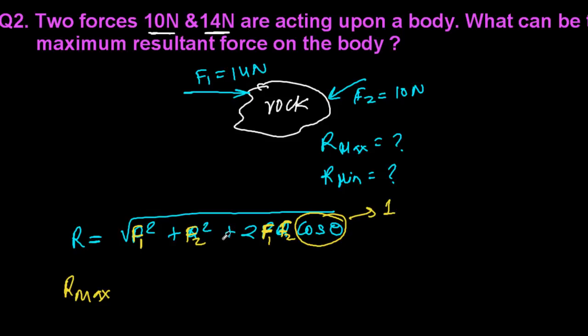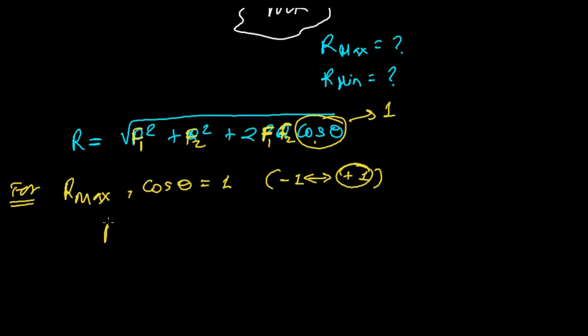So for R max, cosine of theta should be 1, because the value of cosine can be from -1 to +1. I need the maximum value, so I need +1. So my resultant maximum will be the square root of F1 square plus F2 square plus 2 times F1 times F2.